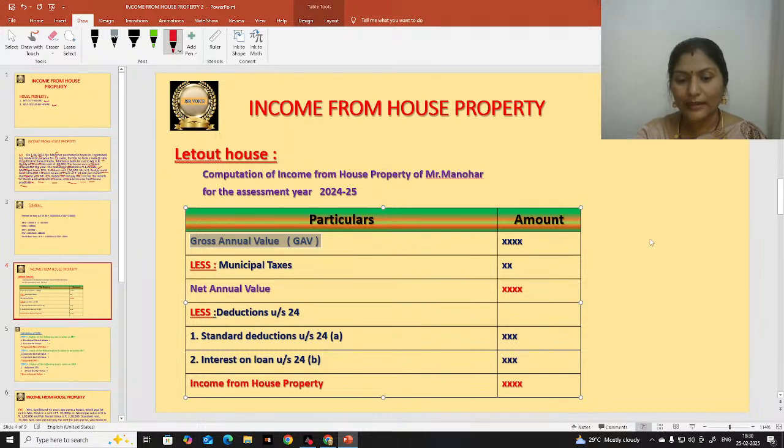So how to calculate gross annual value? I already have shown it in the beginning of the class, and in the previous live class also I discussed. There are a few steps to calculate gross annual value. Let us discuss what the steps for calculation of gross annual value are.